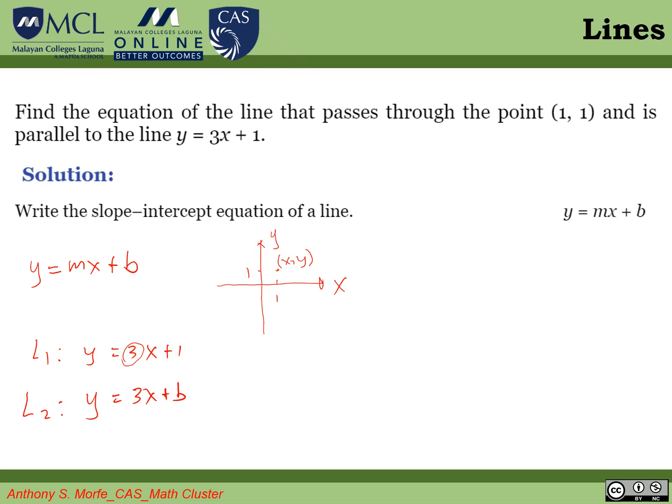Okay, and then we know that the line is passing through this point. We don't know exactly where the line is. Is it going in that direction or in this direction? As long as it passes through here. So what you need to do is just substitute the coordinates of the point.